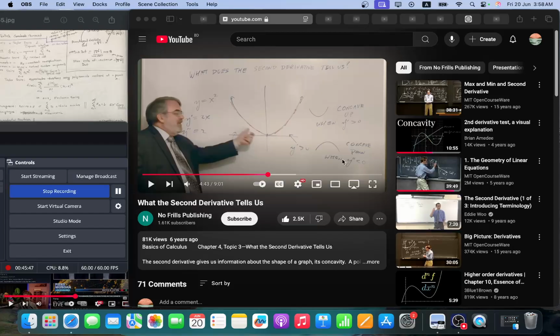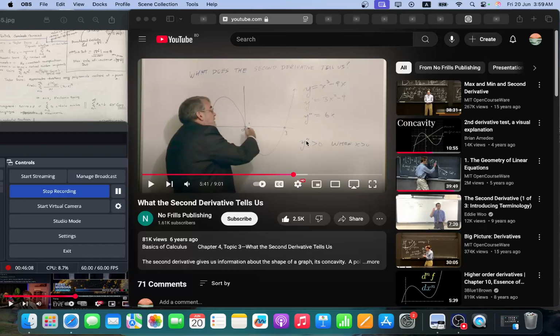It talks about the second derivative, which is like concave down. The y value is going to be lower than that because the slope is higher than zero, and then lower.